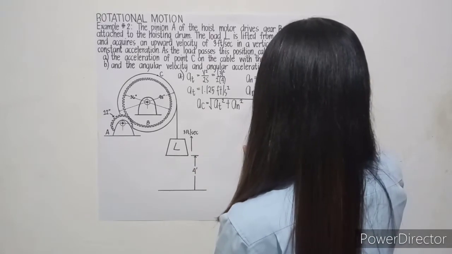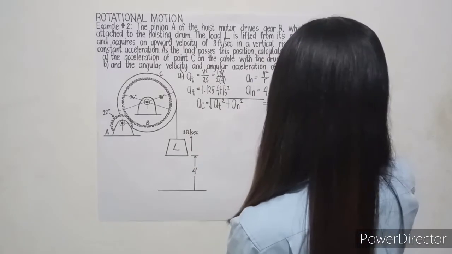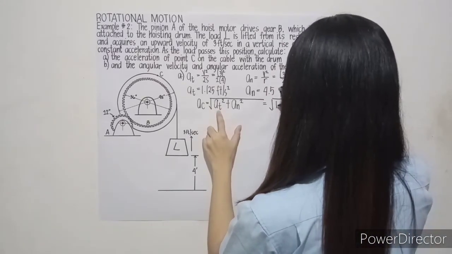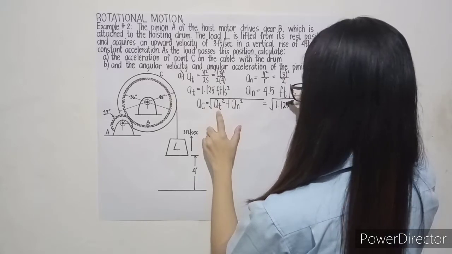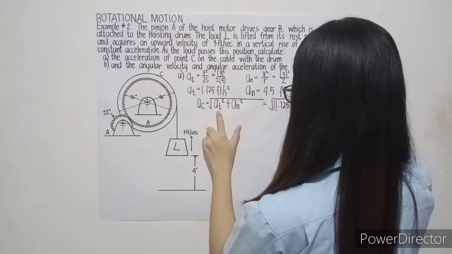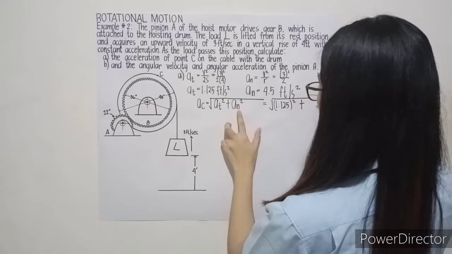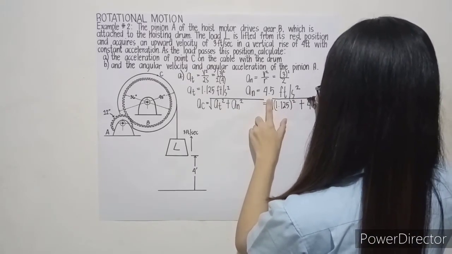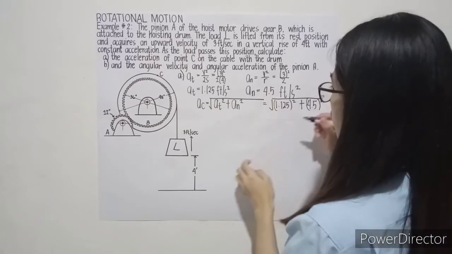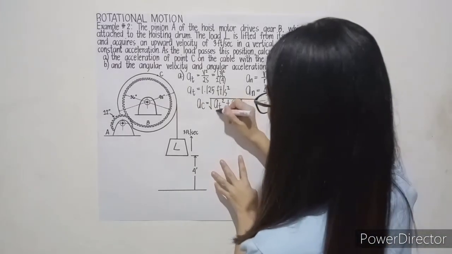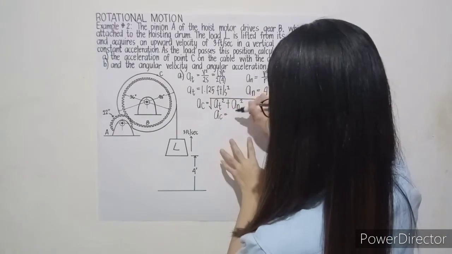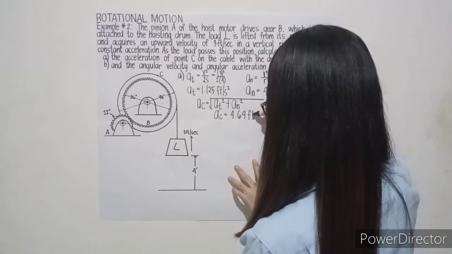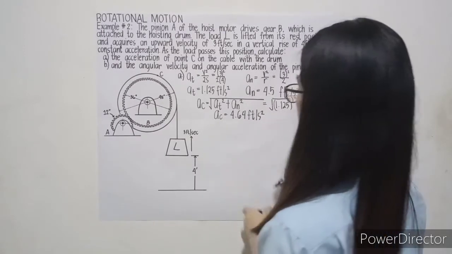So we have it equal to the square root of our tangential acceleration 1.125 squared plus the normal acceleration 4.5 feet per second squared. Therefore, our acceleration at point C is equal to 4.64 feet per second squared.